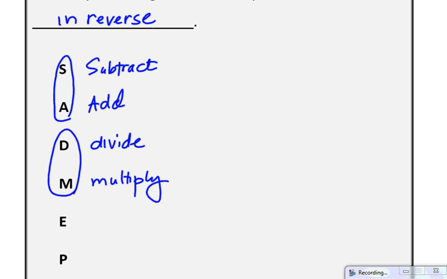And finally, we'll want to undo exponents next. So if there's any powers, we want to undo those. And then finally, if there is something that's in a grouping symbol, we'll take care of that next. So parentheses is what that P stands for.